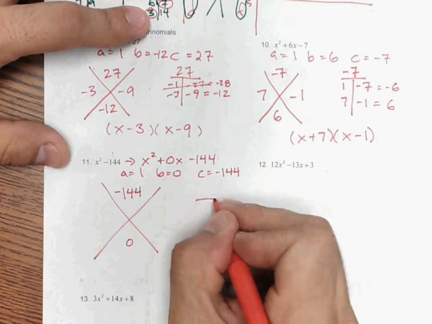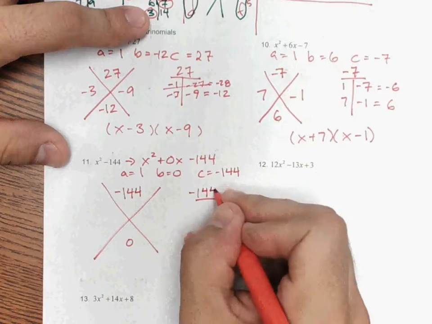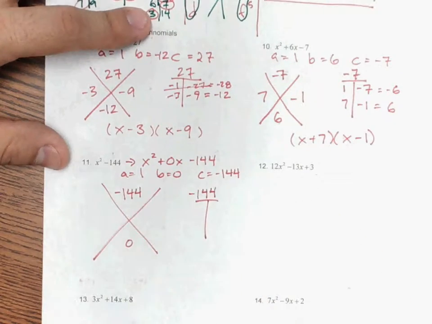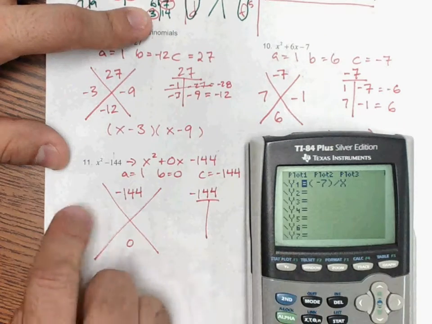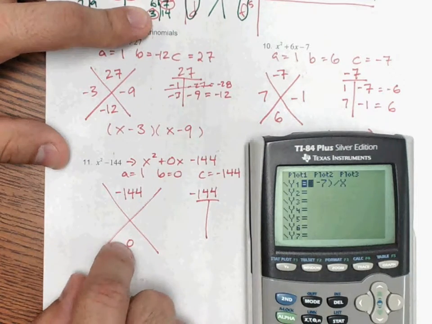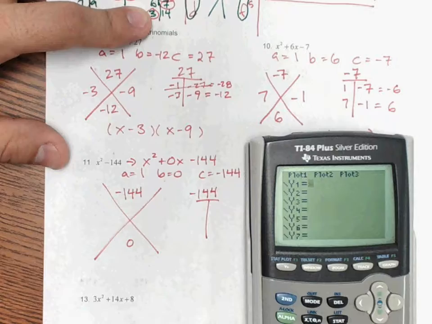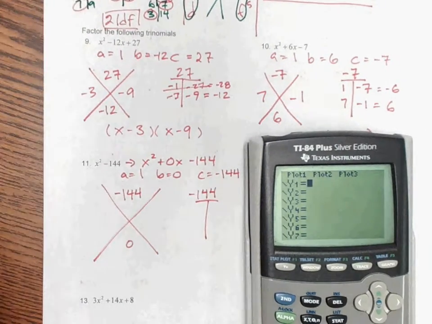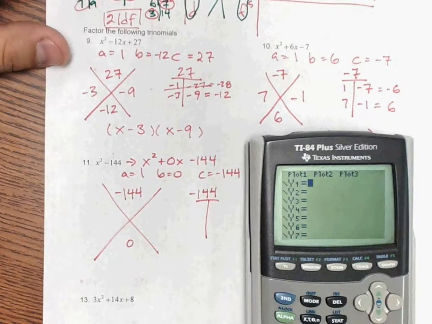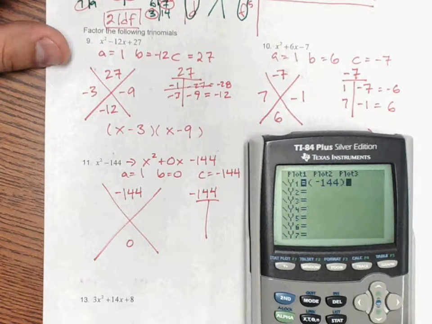B is 0. I need factors of negative 144 that add up to 0. Now, negative 144 is going to have a ton of factors. But in order for a number to add up to 0, it has to be positive and negative versions of the same thing. So like plus 2 minus 2, plus 5 minus 5, plus 10 minus 10, something like that. So that's what we're going to look for.